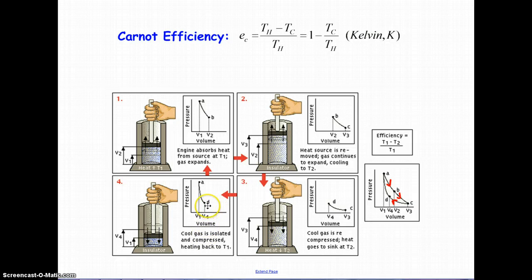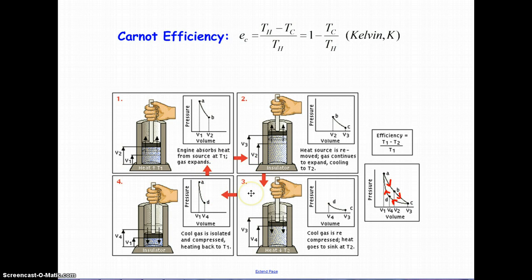You get a very high increase in pressure over a very short volume decrease. And that's a decrease from volume V4 back to volume V1. And then inserted is a gas oxygen mixture. The spark plug ignites again, and the cycle starts all over again.